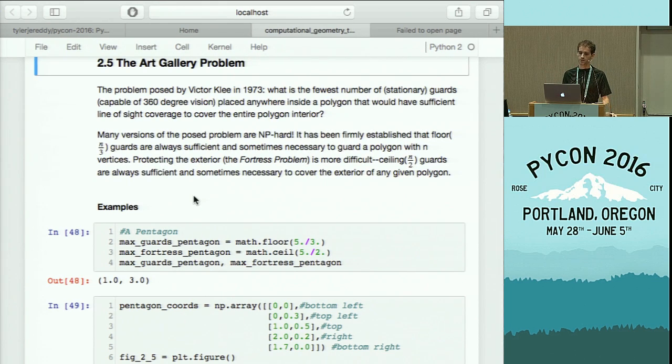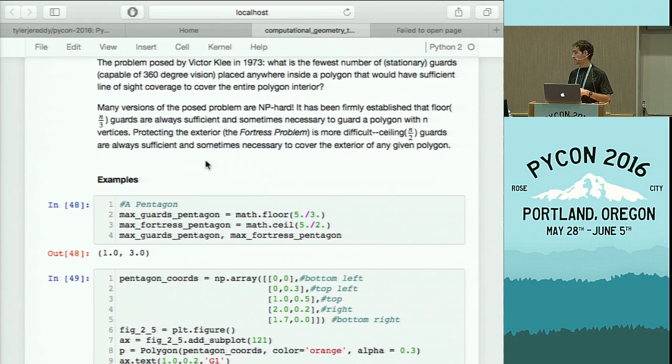It turns out that protecting the exterior, which is called the fortress problem, is actually much more difficult. So you need the ceiling of n over 2 guards. That's always sufficient and sometimes necessary.